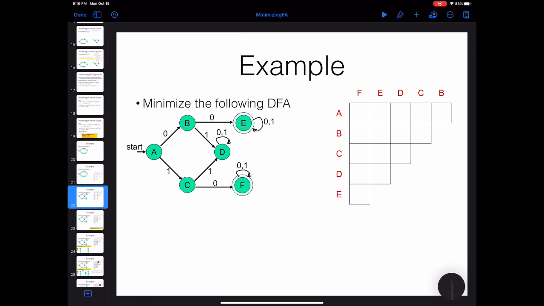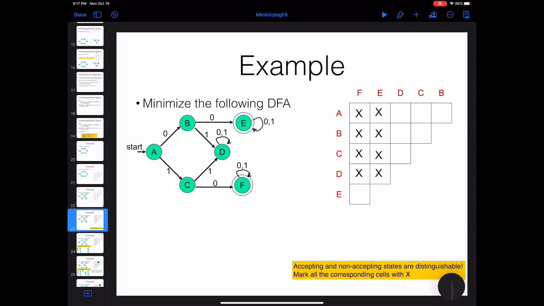The first step is to mark all those states which I directly know are not going to be equivalent. For example, E and all of the non-equivalent states, F and all of the non-equivalent states. So I marked all of them in the table first.